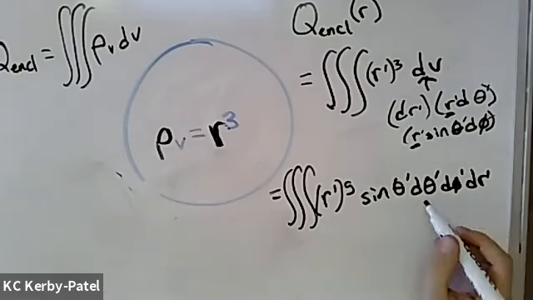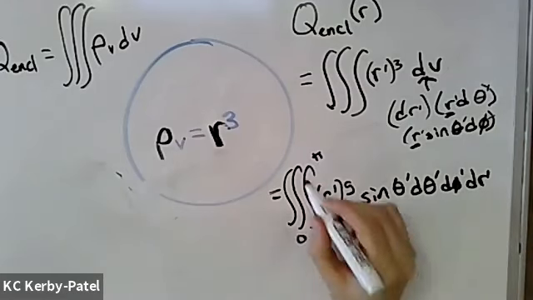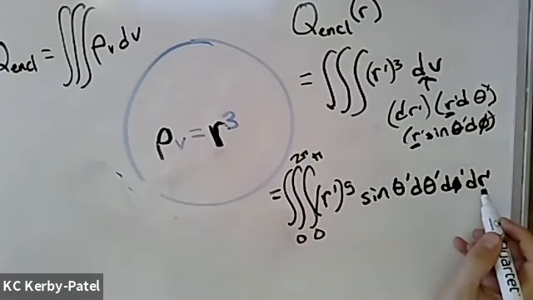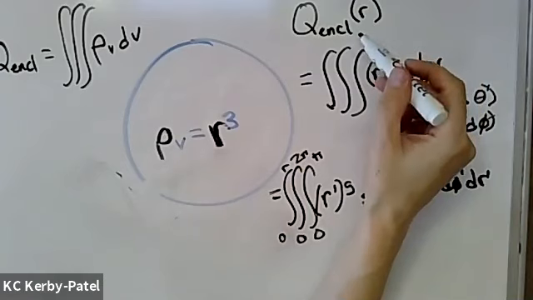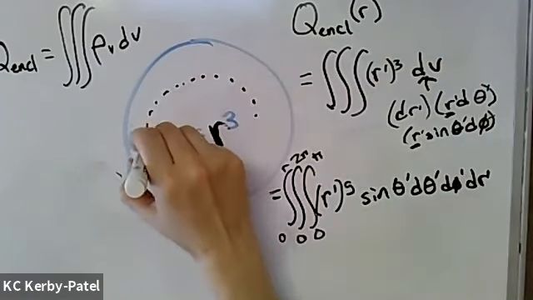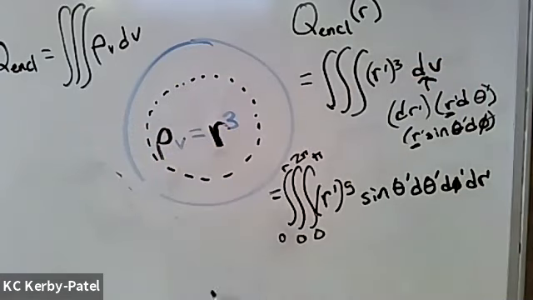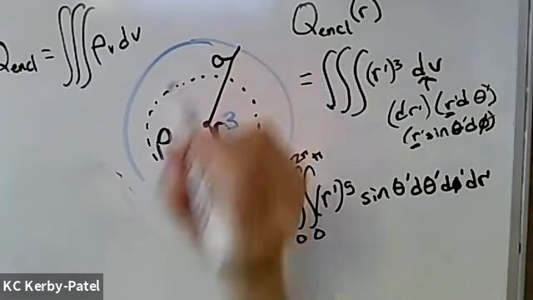And the bounds on this for theta are 0 to pi, for phi are 0 to 2 pi, and for r prime, they are 0 to r, because remember, I'm trying to write the enclosed charge of a sphere of radius r that is some value less than the total radius of this thing. Let's name that a.